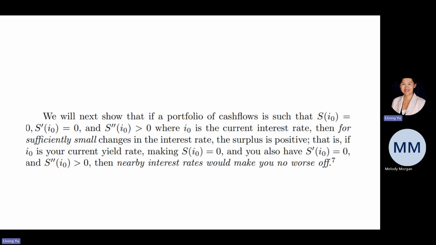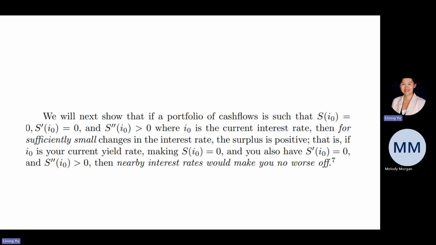At the calculation time, i0, which is the current interest rate, we want S(i0) equal to 0. That means the present value of the asset equals the present value of the liability. We also want the derivative of the S function equal to 0, because that means the duration of the total asset equals the duration of the total liability.